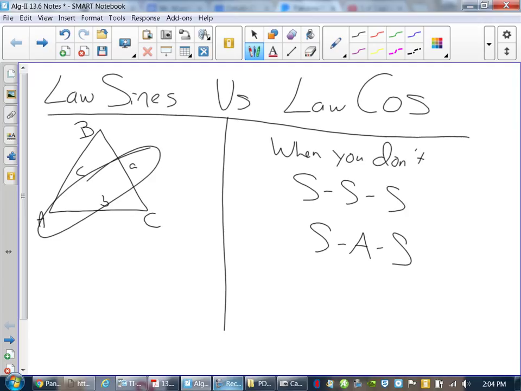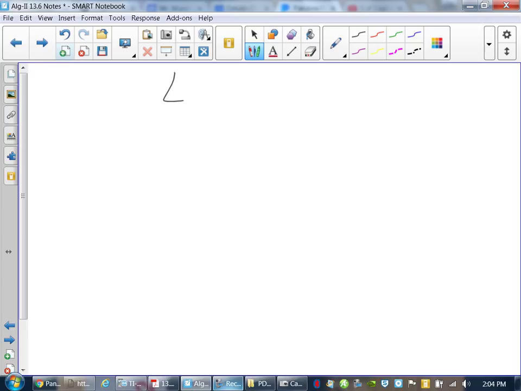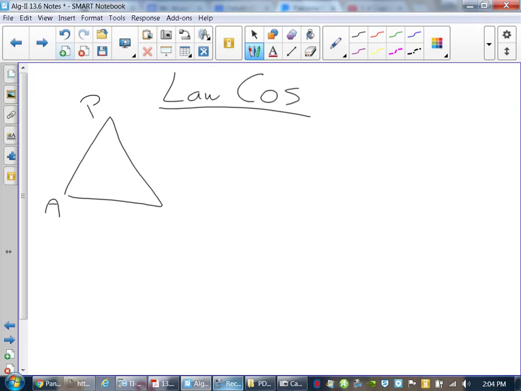So law of cosines, again, looks weird. We usually write it out three different ways, just so you guys get the idea of it. The law of cosines is a relationship between an angle and its side opposite.